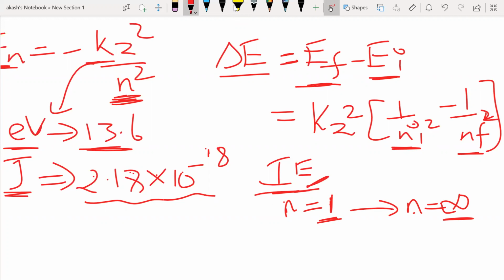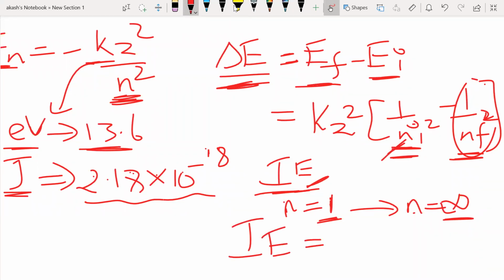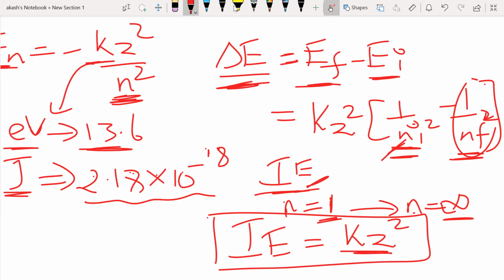Now I can use the delta E formula itself, put Ni equal to 1 and Nf equal to infinity, so this term becomes 0 and this term is just 1. So you can easily calculate the ionization energy. It is just k Z squared. Remember, this does not depend on where the electron is present; it has to be in the first orbit.